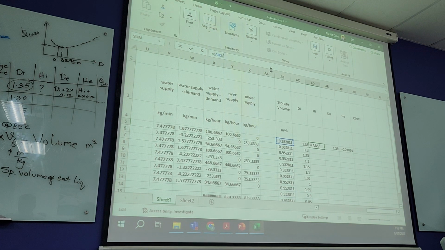You're saying divide by pi times d over 2 squared. You need to open bracket. Diameter divided by 2, squared. Divide by 2, squared. You need to open bracket.